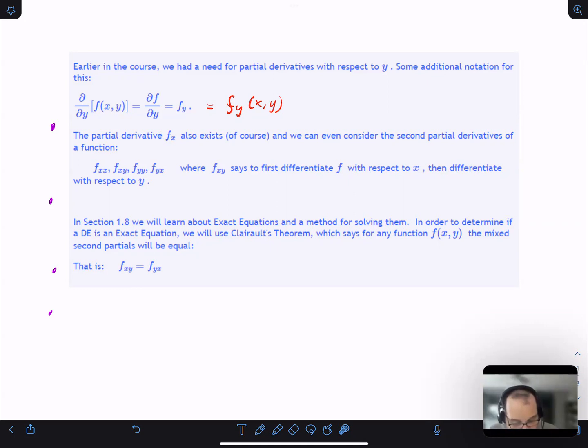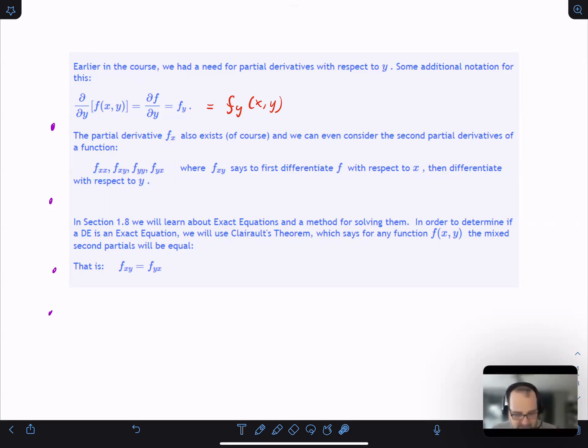So we will have things like these, where f sub xx means you take the function and first partially differentiate with respect to x and you get a result, and then you take that result and you partially differentiate it with respect to x again, and this would be f sub xx.